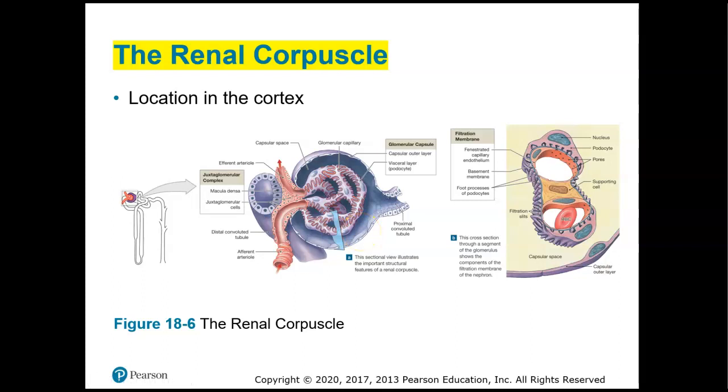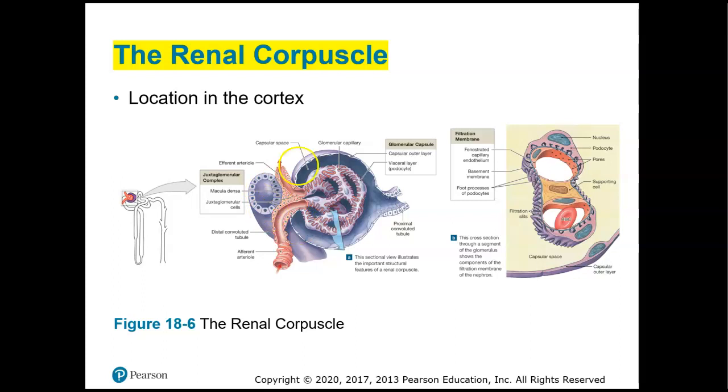Now, ask yourself what the blood is composed of. The blood that's entering into the glomerulus from the afferent arteriole has red blood cells, white blood cells, platelets, large proteins, and then other small solutes and water.